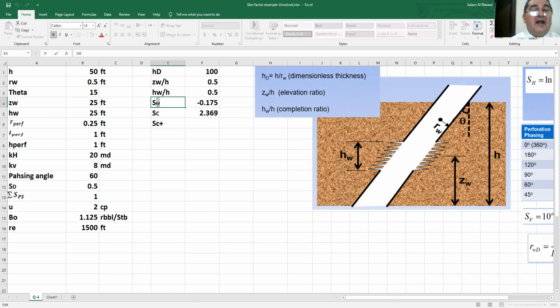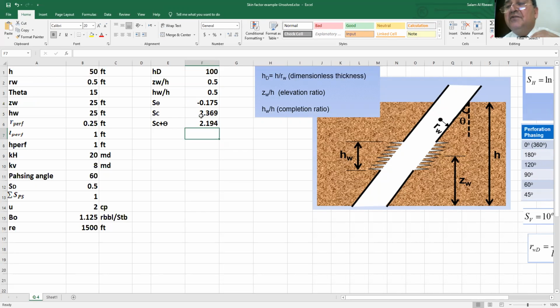This would be this one plus that one. So we are done now. We got the skin factor caused by partial completion and the deviated holes. So let me highlight this one by yellow. Good. Now, the second that I need to calculate is S sub P.